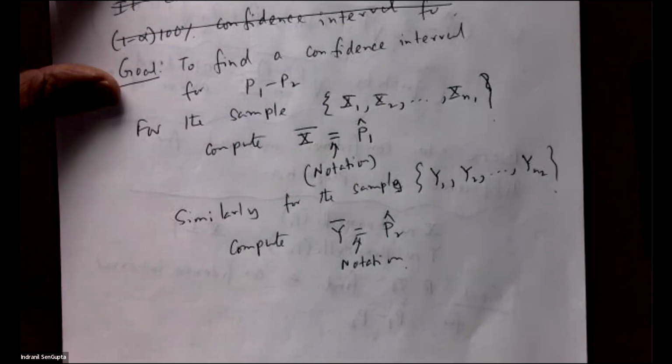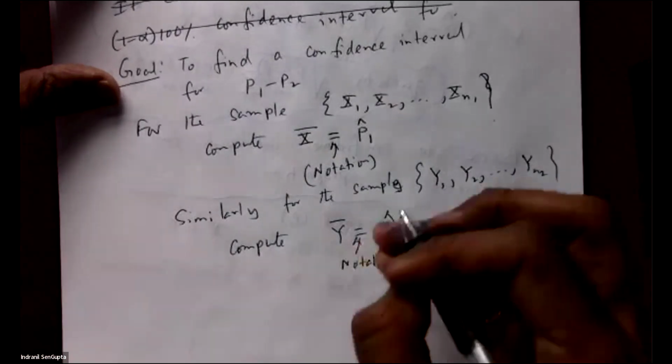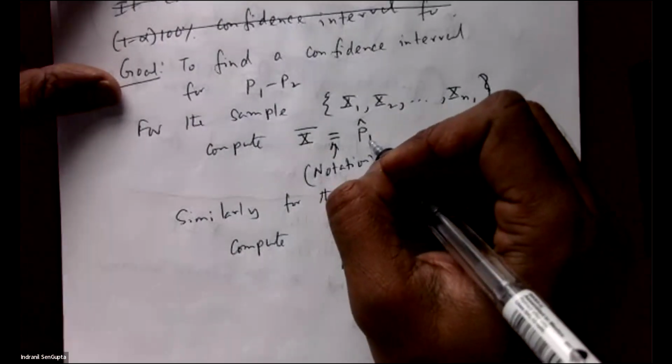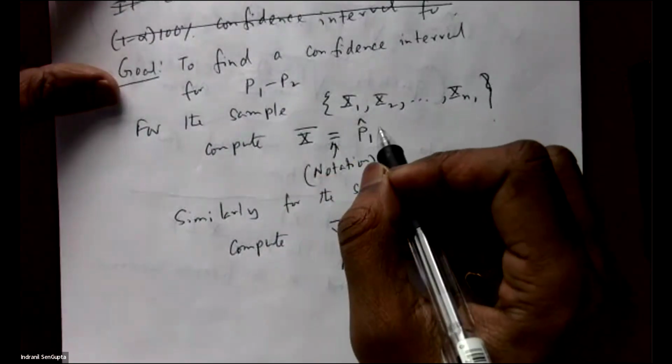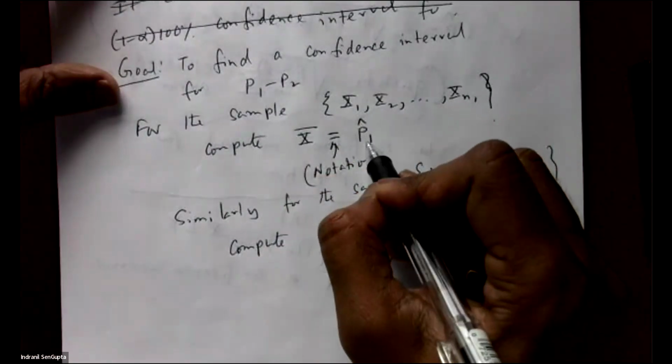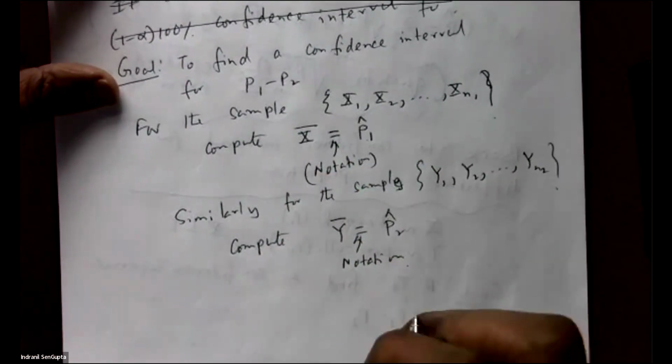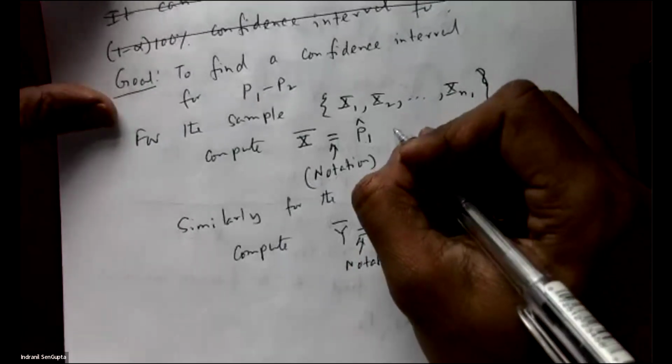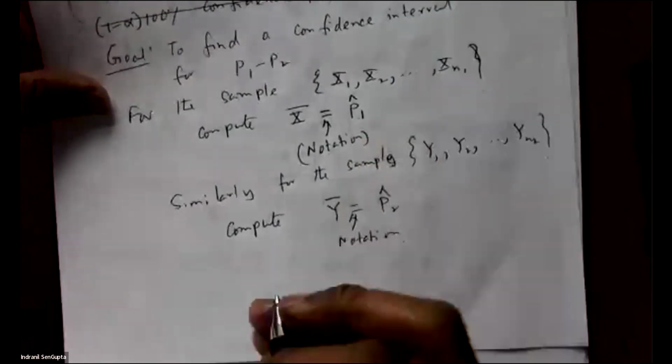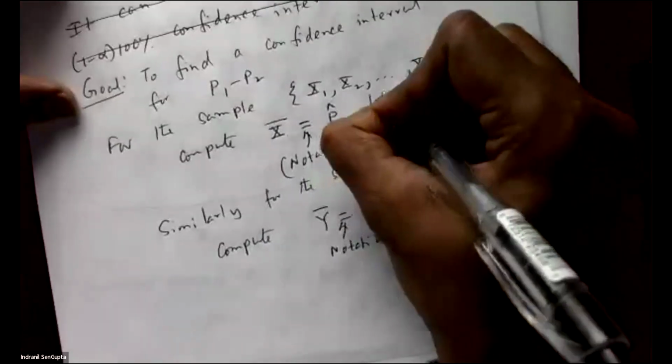So for the first sample it's p1 hat, for the second sample it's p2 hat, and the variance can also be approximated.